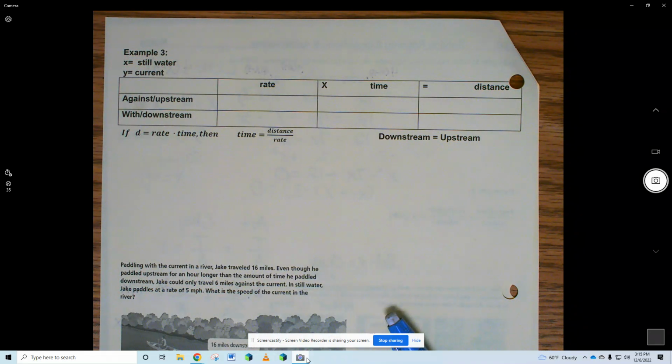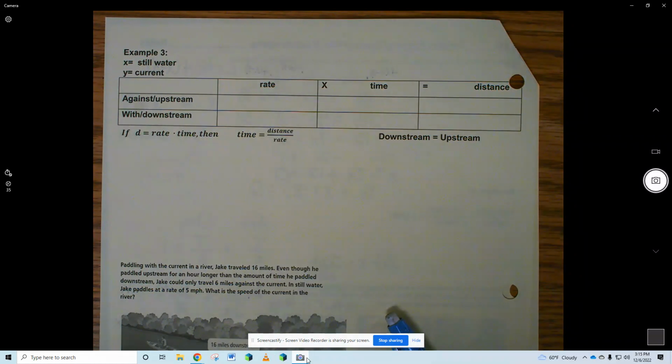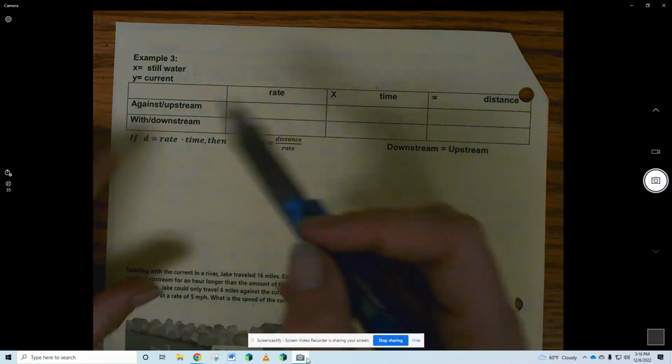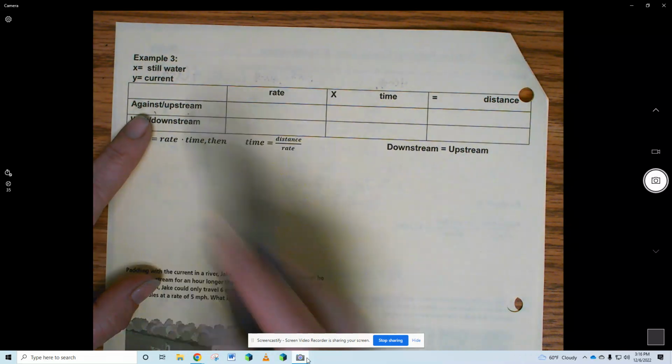So if I have a problem where I am canoeing in a river, kayaking, rowing, riding my bicycle in the wind, or a plane is flying in the air, the wind affects how fast or slow I go. So I am going to first start off by explaining against the current or upstream.